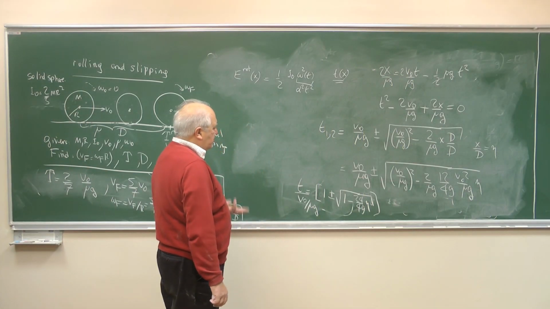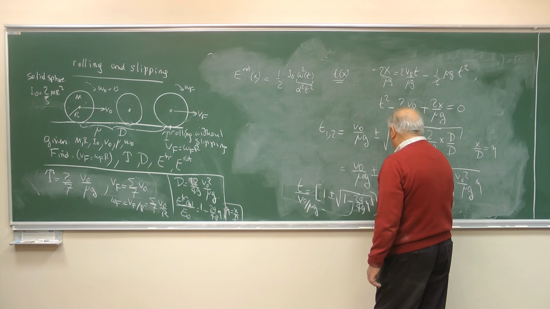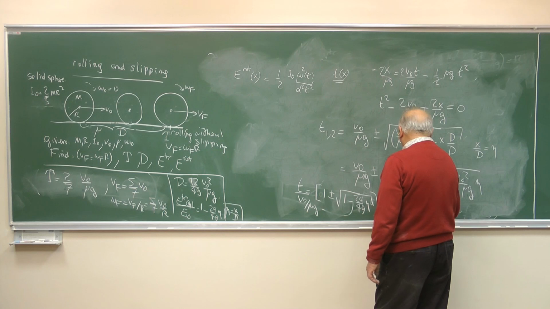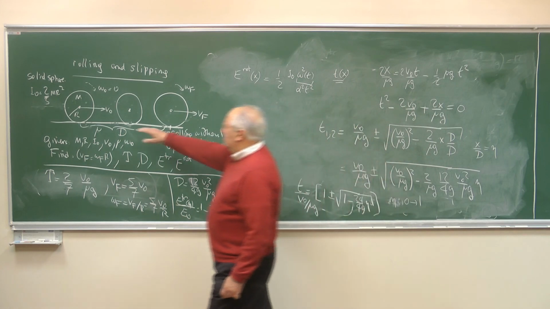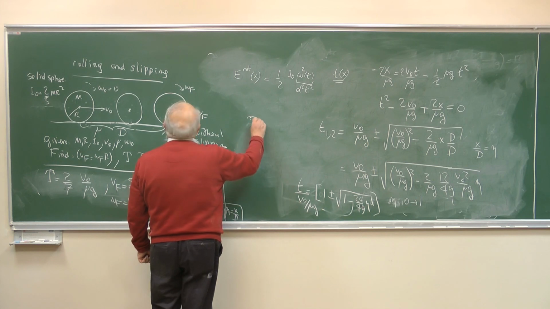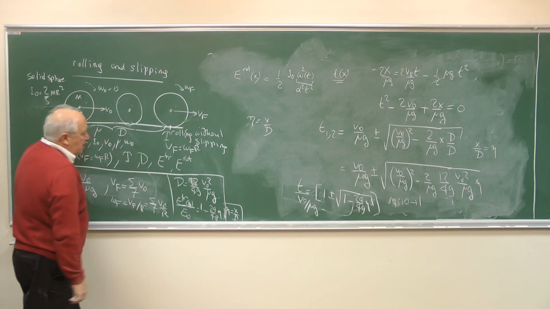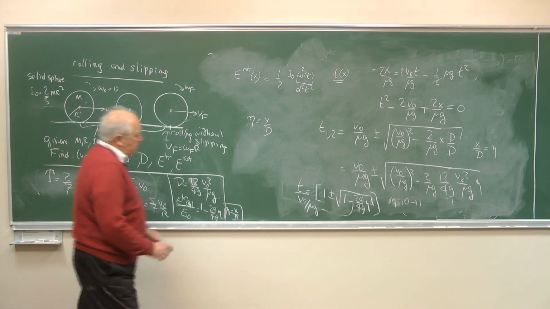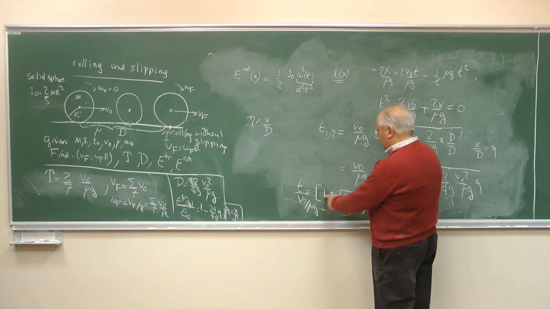Now there are 2 roots. Which one? Eta goes from 0 to 1. Remember, eta is x over d, and when x equals 0, time is 0. So if you put eta equals 0, we either have 2 or we have 0.